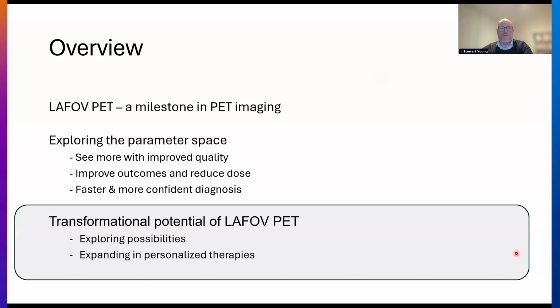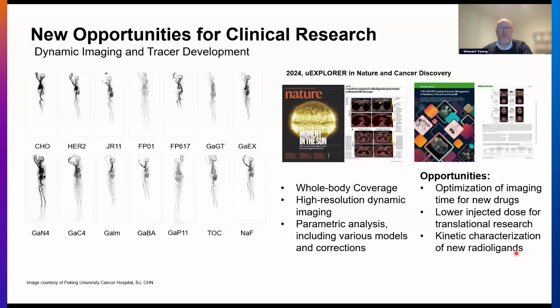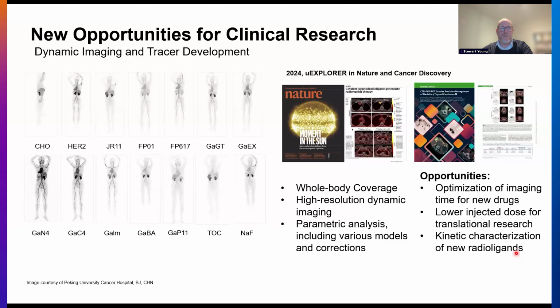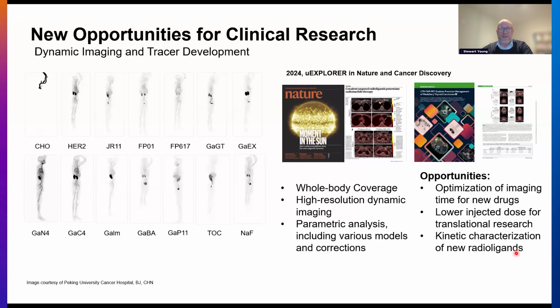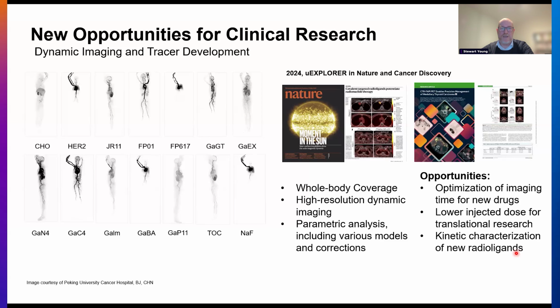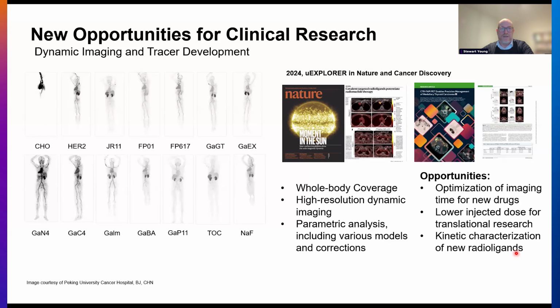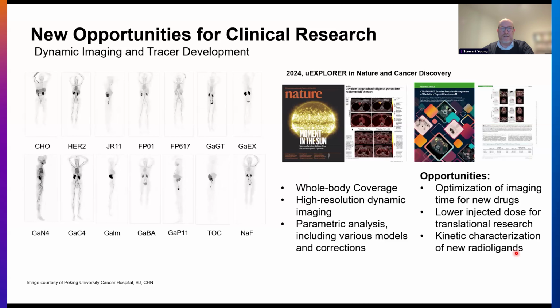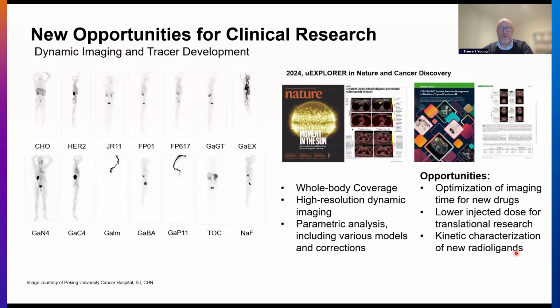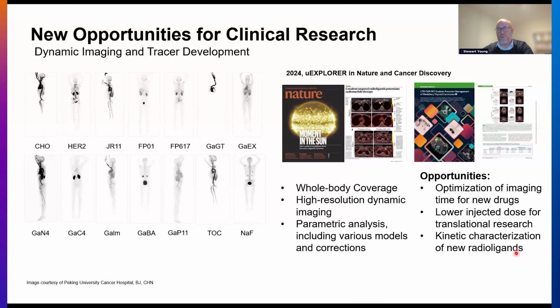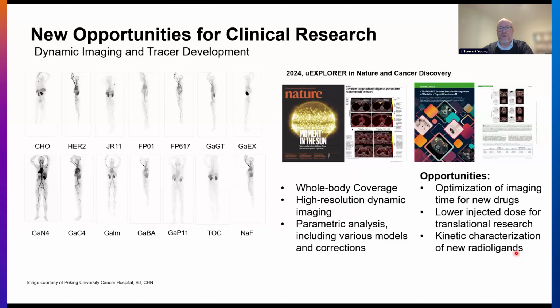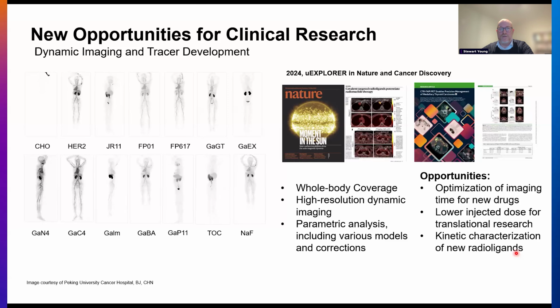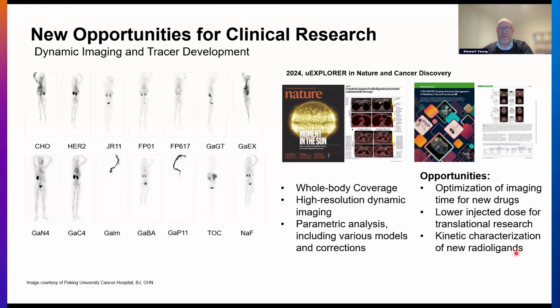Last part of my talk, I'm just going to very briefly touch on a couple of the transformational potentials in terms of research. We've already had a feeling about the dynamic imaging and the tracer development. So the whole body coverage enables high resolution dynamic imaging, and parametric analysis of this data is a fundamental tool in the toolkit for making the maximum of the research potential of these systems.